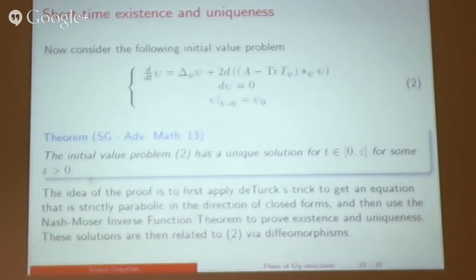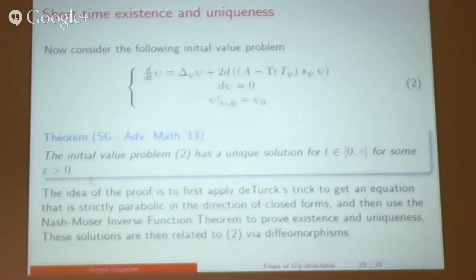And closedness will be preserved? Yes, closedness will be preserved. But it's a local theory, right? Well, but existence is local or global? Right. So you mean the existence of the solution?